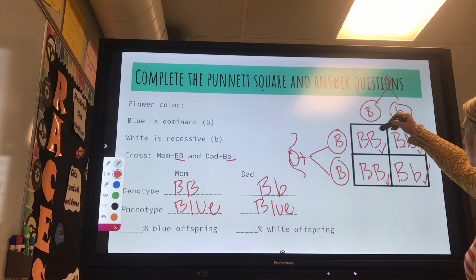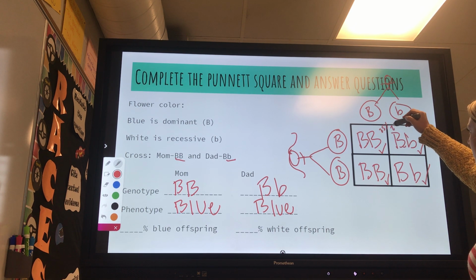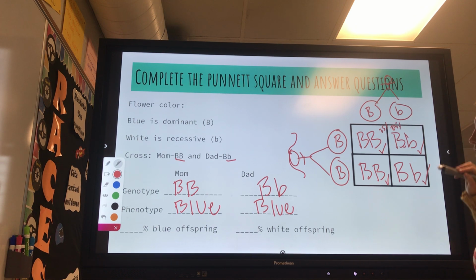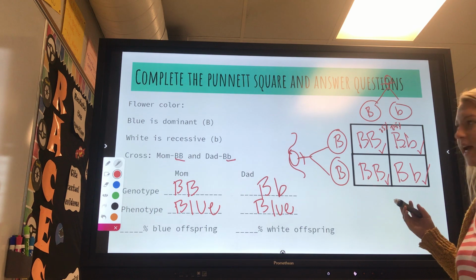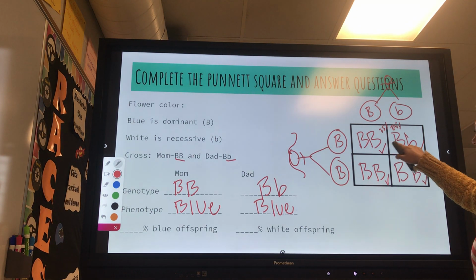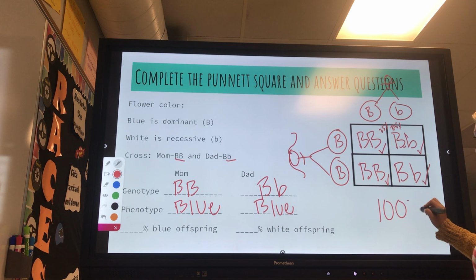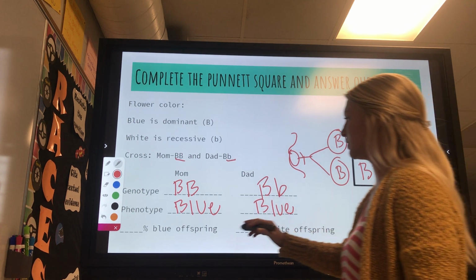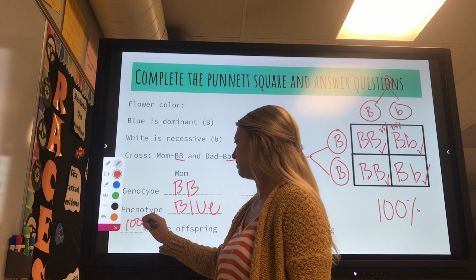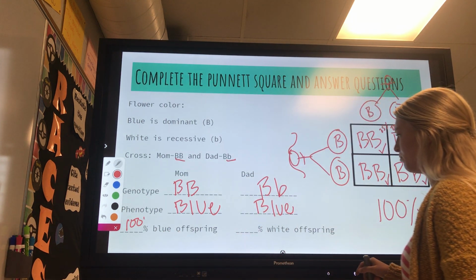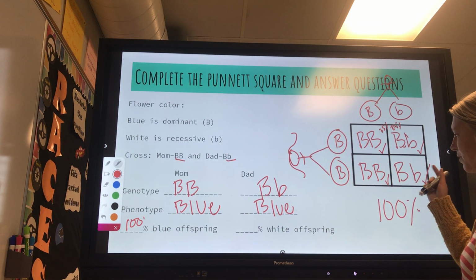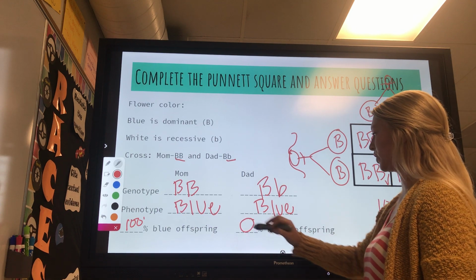If all of these are 25% a piece, think about it, it takes 1, 2, 3, 4 quarters to make $1. You're going to have 100% chance of your offspring being blue. So here you're going to have 100% chance of your offspring being blue, and you're going to have 0% of your offspring being white.